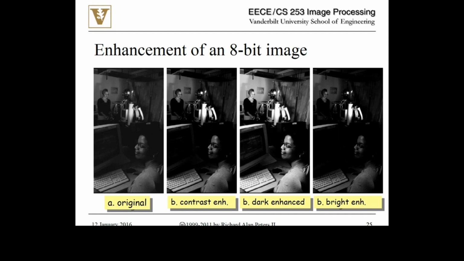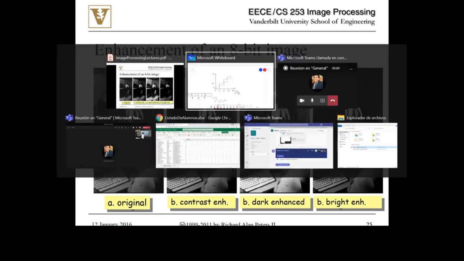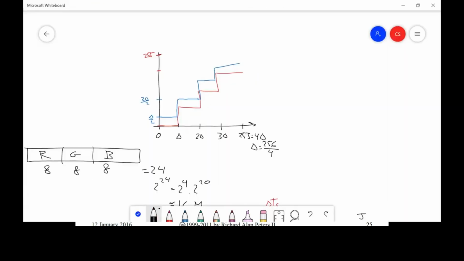What if I do a transformation that enhances the dark values but saturates the high values? You know one of these transformations. Do you remember? The gamma transformation. I don't remember if gamma is larger or smaller than 1, we don't care. What we want is this transformation. This is the intensity in, this is the intensity out.